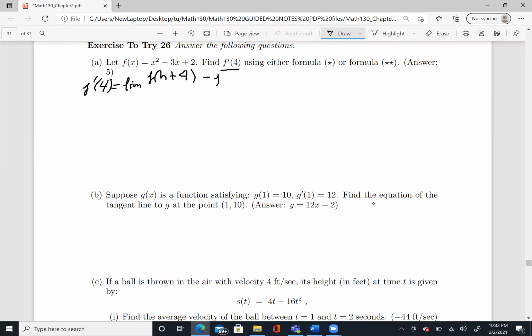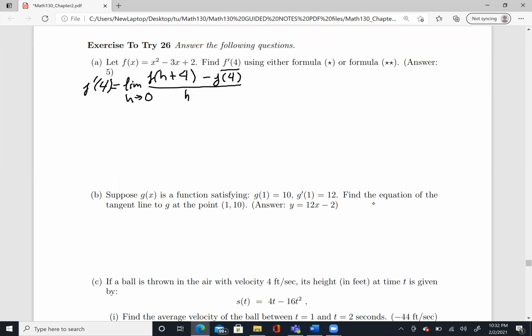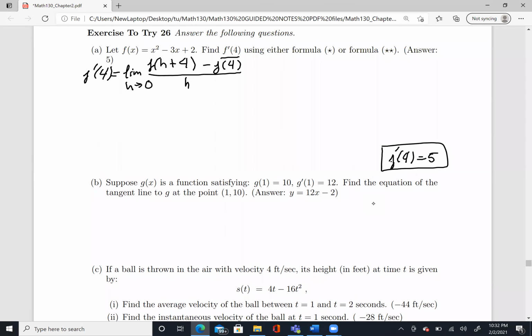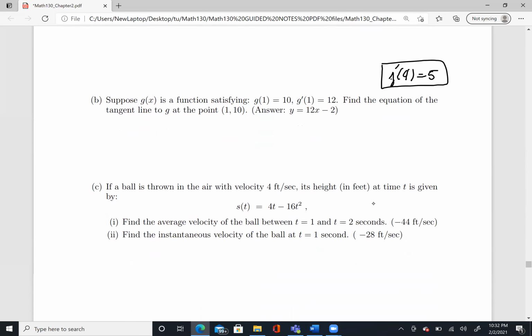And minus f of 4, divided by h, for h going to 0. Okay, so you can keep going from here to get the derivative of f at 4 equal to 5 as the answer. Okay, go ahead and try it. Make sure you have some way to eliminate the h at the bottom here.